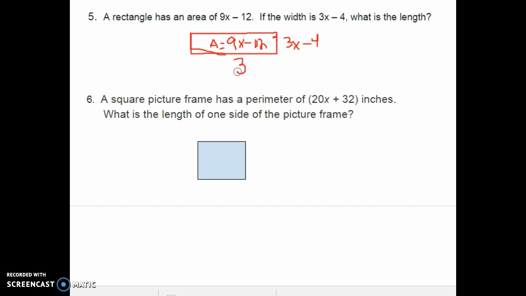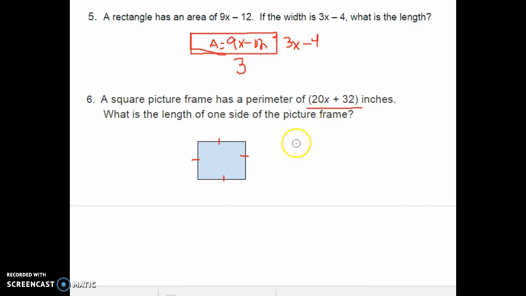A square picture frame has a perimeter of 20x plus 32 inches. Perimeter means I have to add all 4 sides together to get this answer. How many sides did we say? 4. Does 4 divide evenly into 20 and 32?